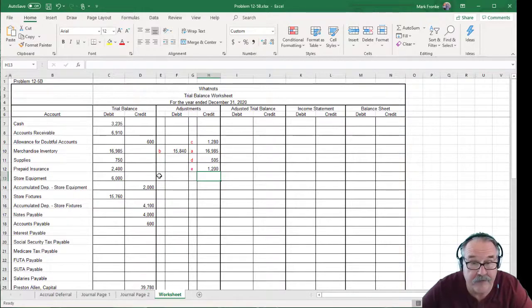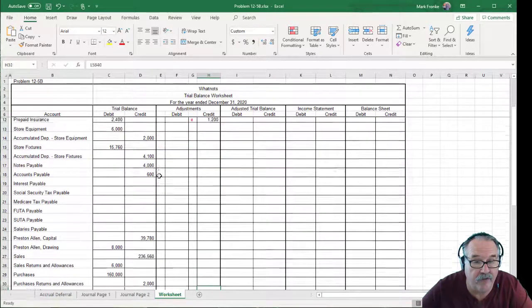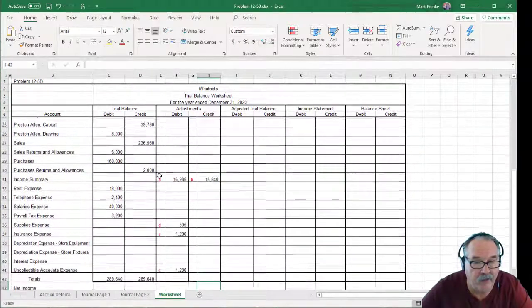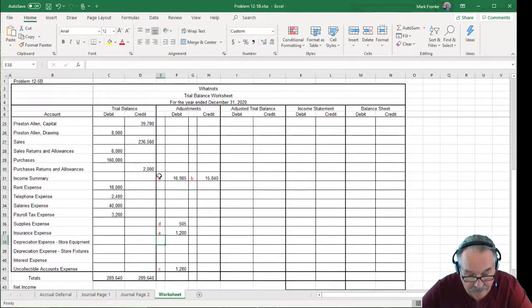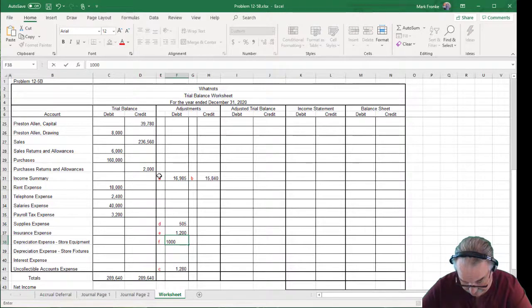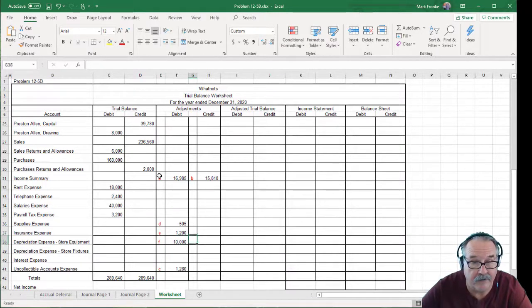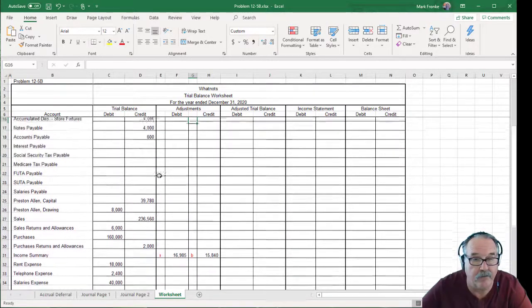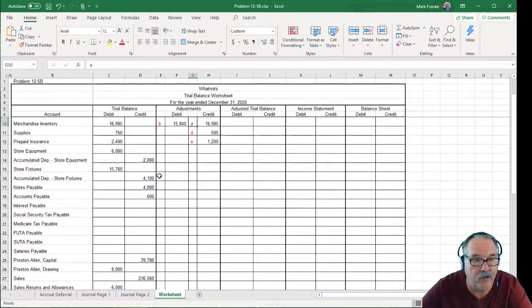F is the depreciation on the store equipment. So we're going to debit, this is item F, $10,000, depreciation expense on the store equipment, and credit accumulated depreciation.